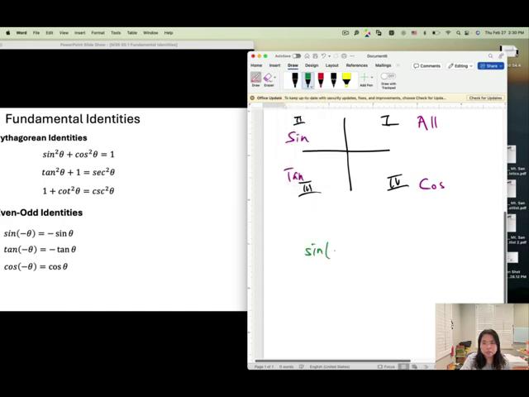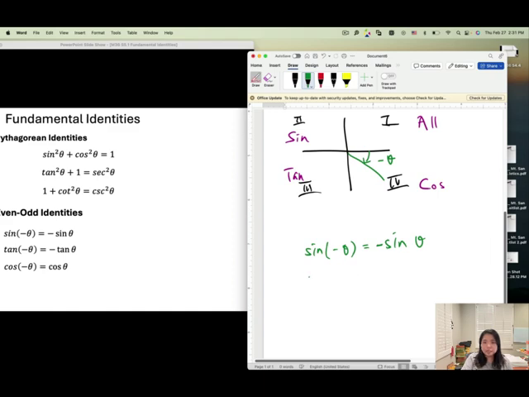So when we have sine negative theta, remember negative theta means you're going clockwise, going from here. Let's say this is my negative theta. Think about it, sine in quadrant 4 is negative, so we have negative sine theta.